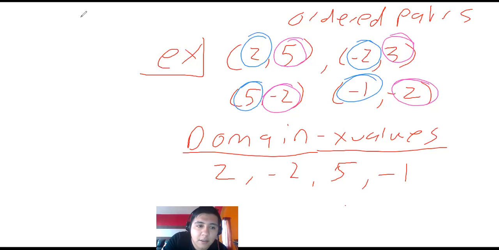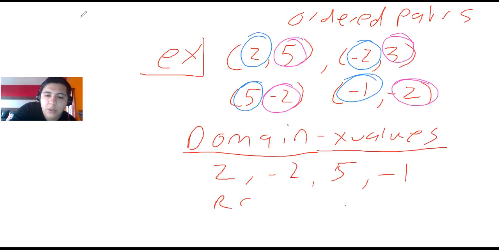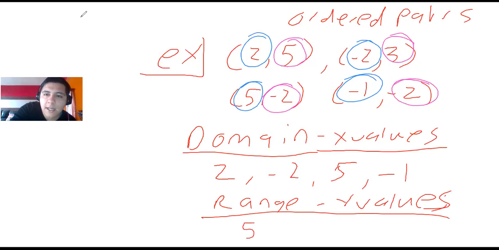That is a domain. So then the range would be all the y values of this relation. So 5, 3, and -2. So this is something that we're going to have to get used to because we're going to start finding the domain and range of different graphs, but that's for later on.